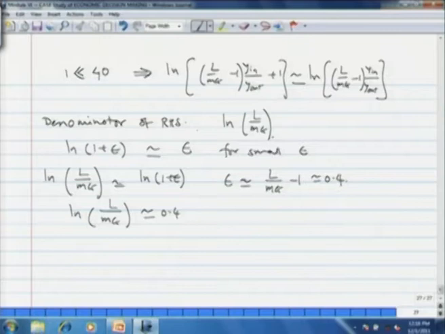Now, with these simplifications, we can now write the new Kremser's equation as n is equal to 2.3 log.